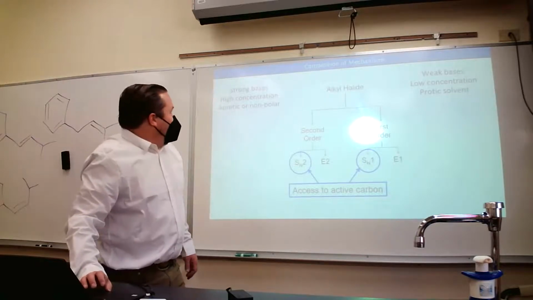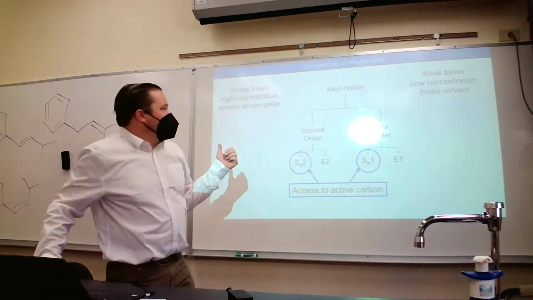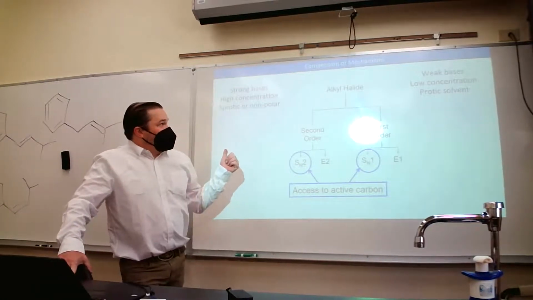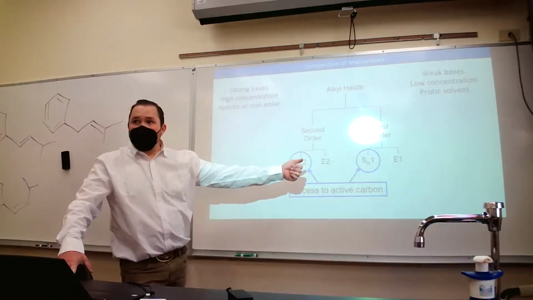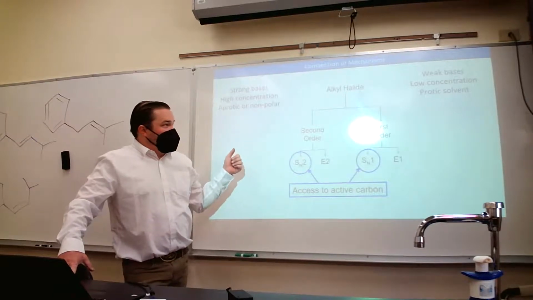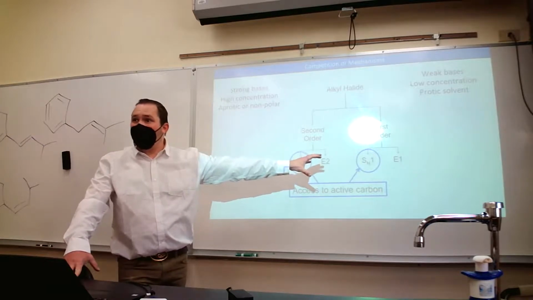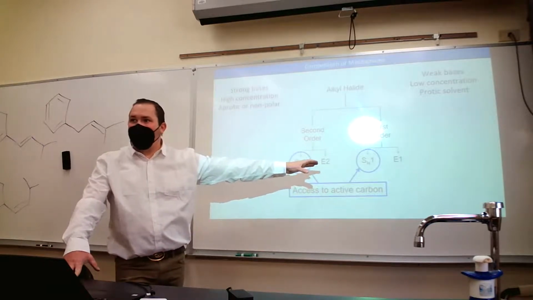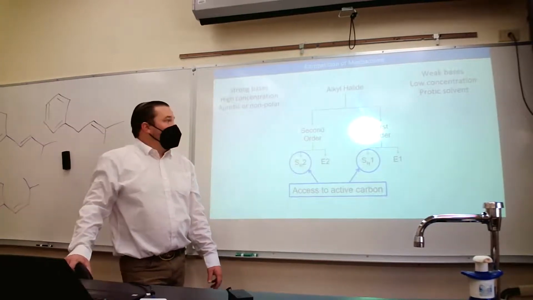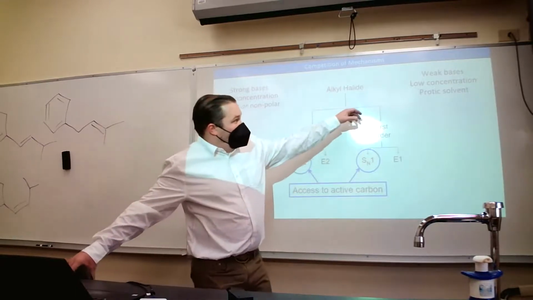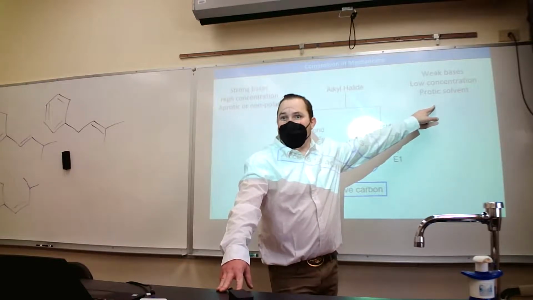Okay. Let's talk about other ways we can decide which mechanism is going to be favored. A lot of times the easiest decision is first order or second order, because you are really not going to go first order very often unless it's a tertiary alkyl halide. Right? It's got to be a really stable carbocation intermediate. But there are some other mitigating factors. If it's a protic solvent, then that stabilizes that intermediate a lot.